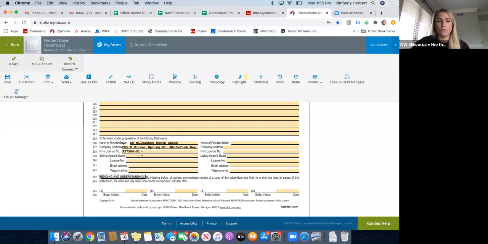If you're the buyer's agent, you would put your information here, and all the information for the seller is in the bottom portion of MLS, if you're looking at the private version. Any questions? And then with the addendum, the buyer's initial and the seller's initial. So always make sure you have all parties initialing the additional addendum.